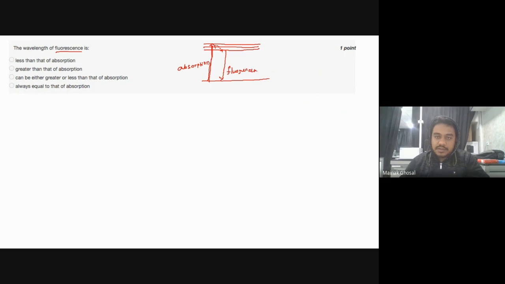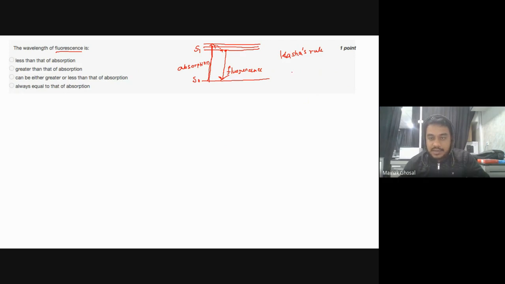When it is fluorescence, this is S1 and this is S0, singlet to singlet. Now, why is this happening from here? Because of a rule known as Kasha's rule. It is following Kasha's rule, that the emission will happen from the lowest energy vibrational state of the excited state.